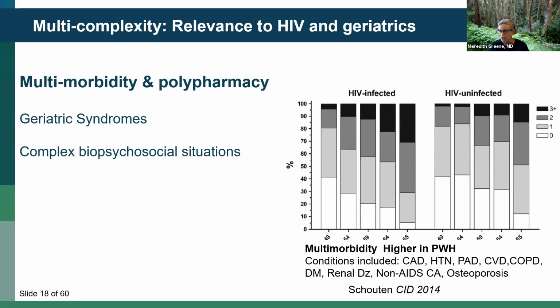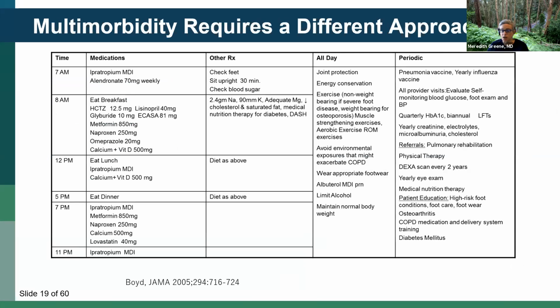And because of time, we're not going to be able to talk about a lot of the social context of care, which is critical and is a part of geriatric assessment. This may be unique social and economic issues, especially for long-term survivors, and also the overlap of stigma and mental health. But I emphasize multimorbidity because it really requires a different approach.